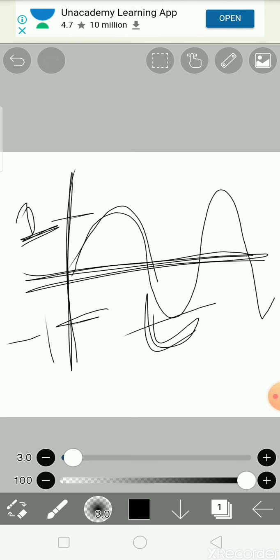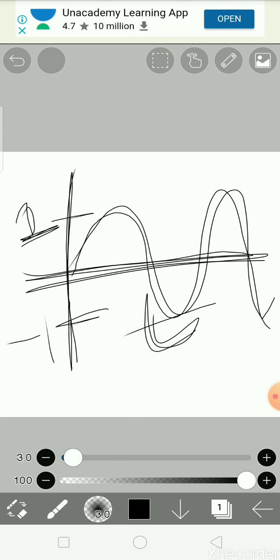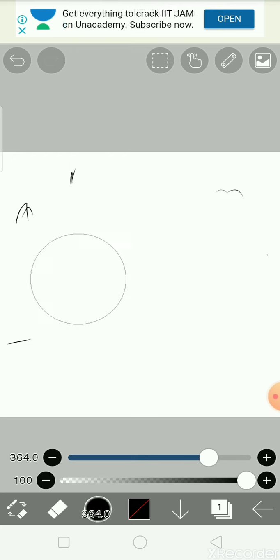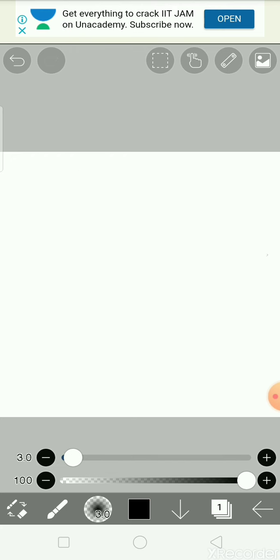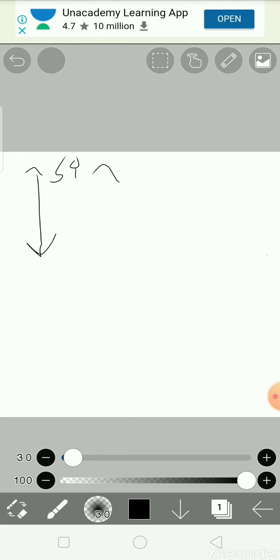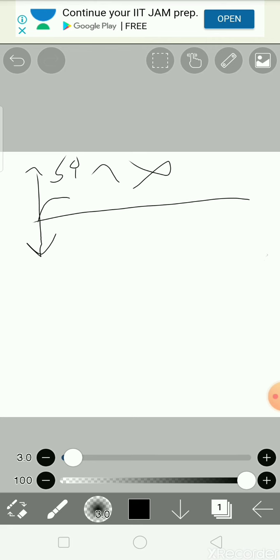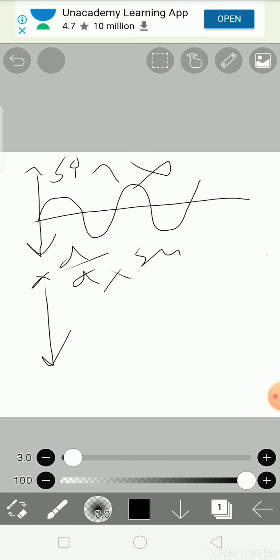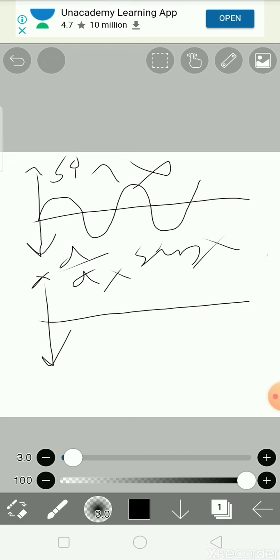If we differentiate this sine function, let's redraw sine of x as this, we get its differentiation d by dx of sine of x as this.